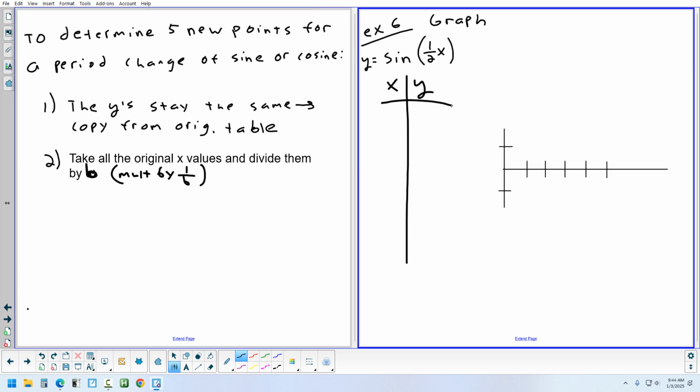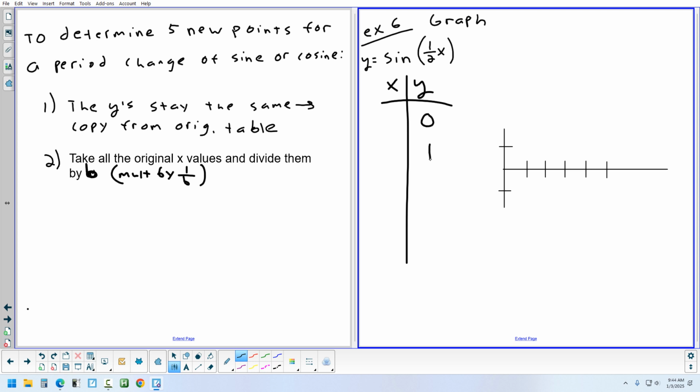Okay. All right, so Waylon, what's going to stay the same there? Okay, and what are my original y values going to be? 0, 1, 0, -1, 0.